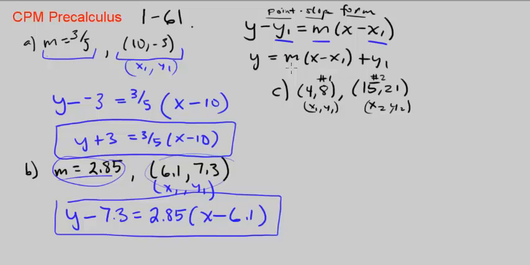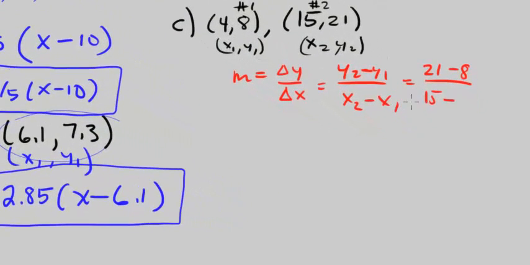So now we need the slope, right? We have an (x1, y1), but we don't have the slope. We know the slope is the change in y over the change in x, which is (y2 minus y1) over (x2 minus x1). So y2 is 21, y1 is 8, x2 is 15, x1 is 4.